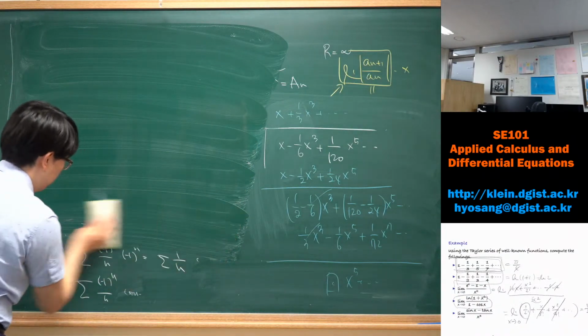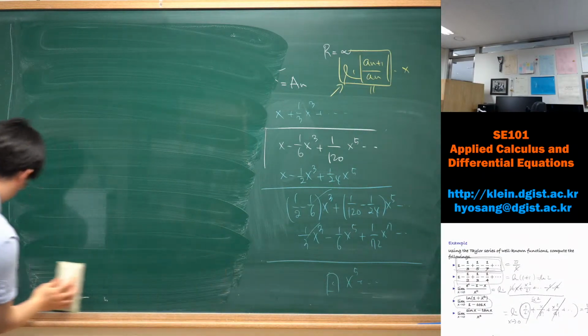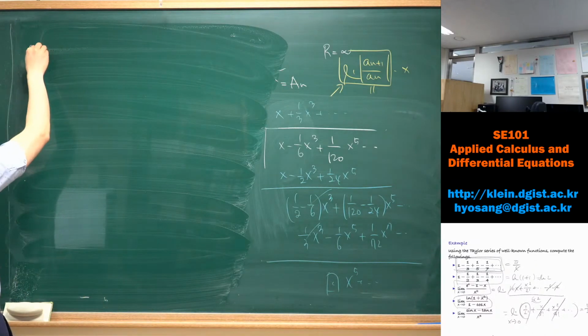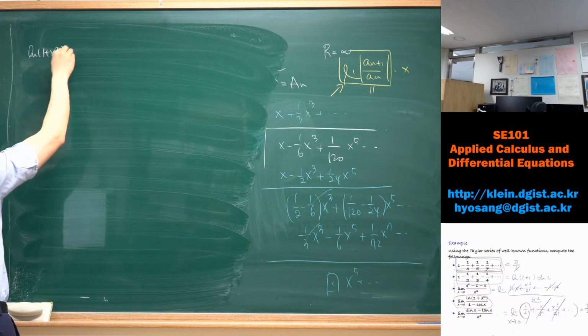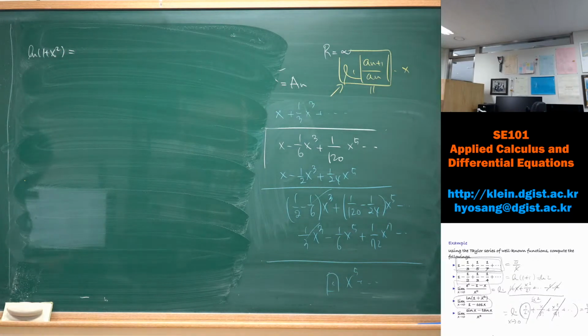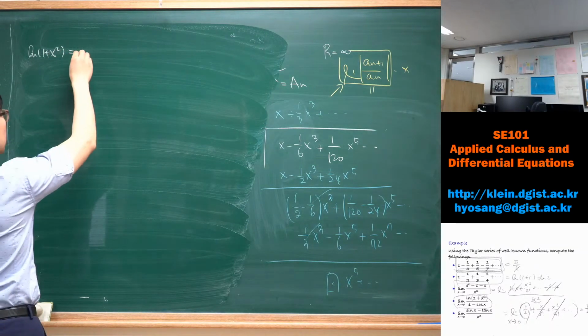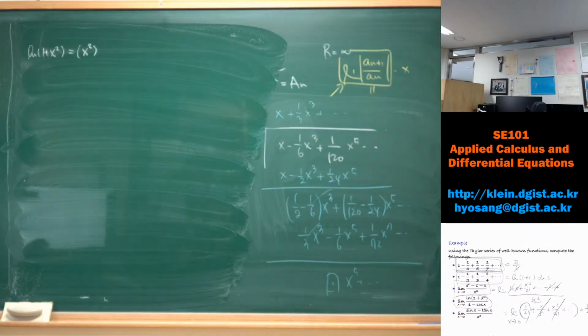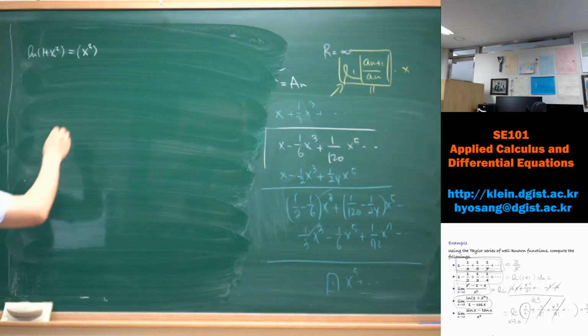So here's the Taylor series of ln(1 plus x squared). Originally we had this x, but I replace x by x squared in the series.